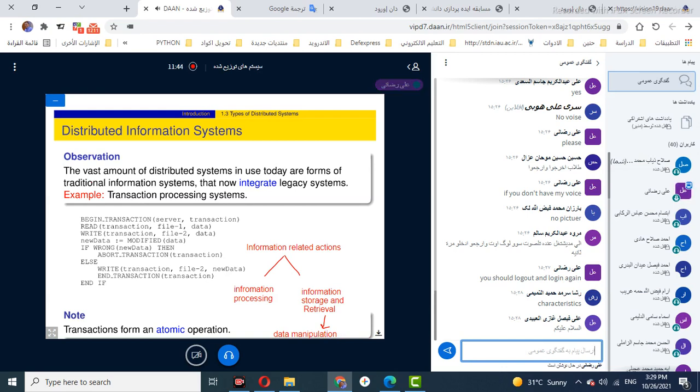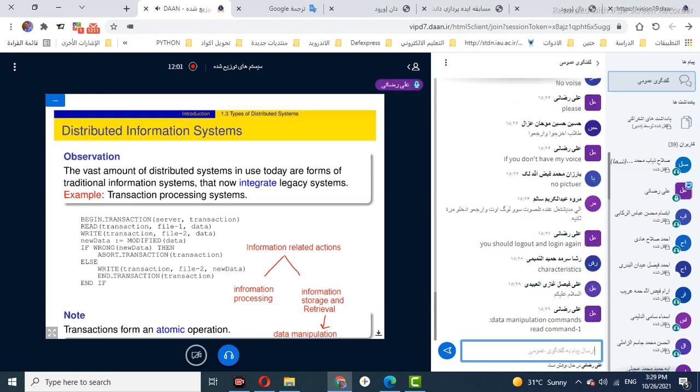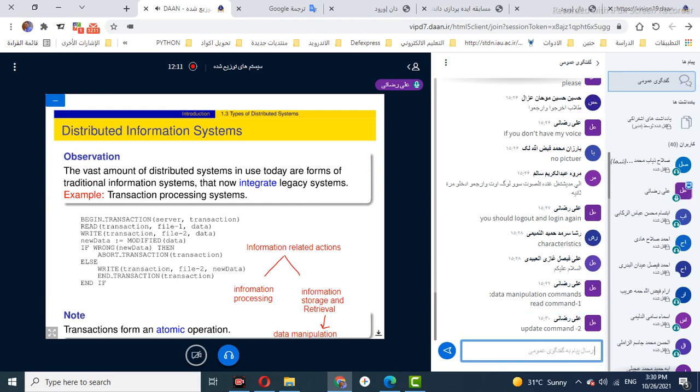These commands are used to manipulate the data. First is the read command. Second is the update command, which we use to change some parts of information.